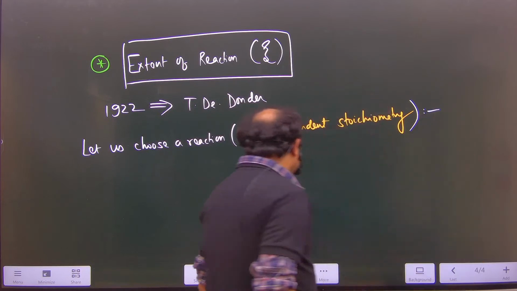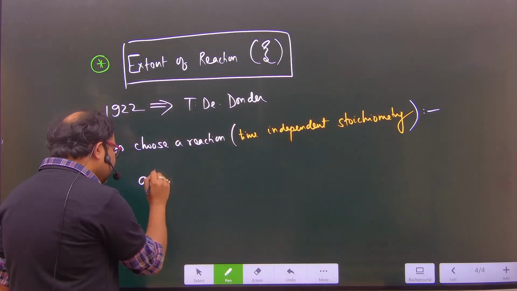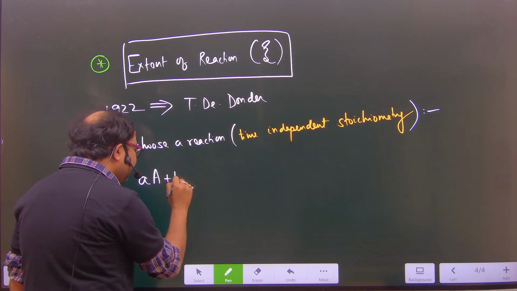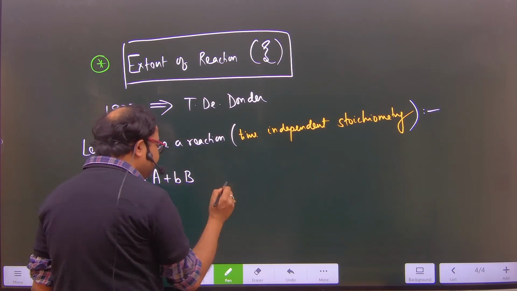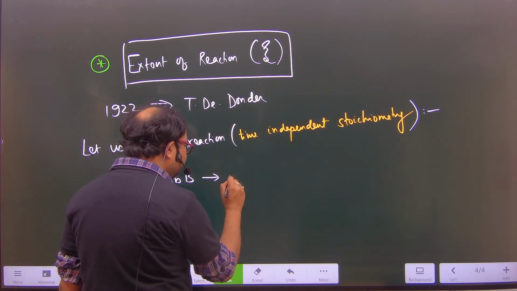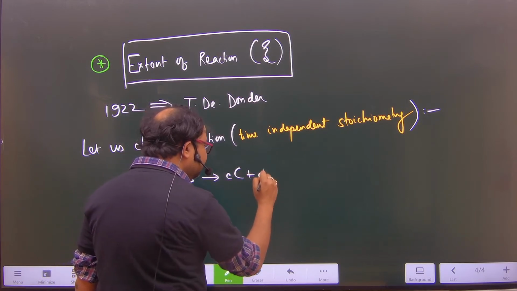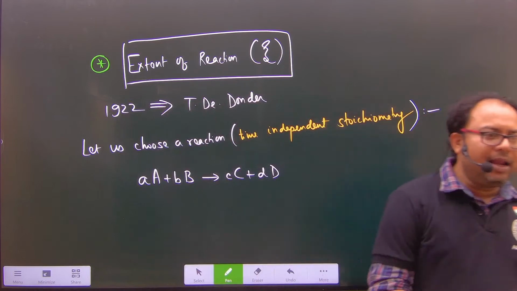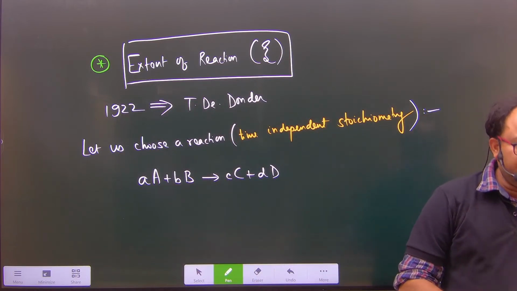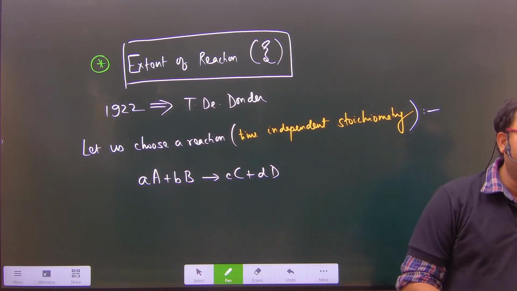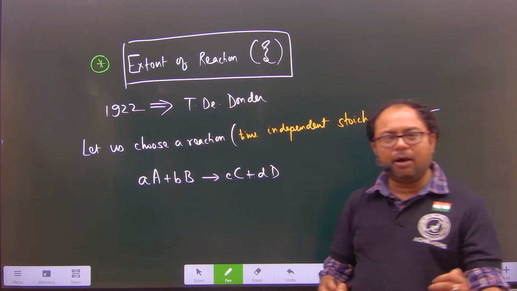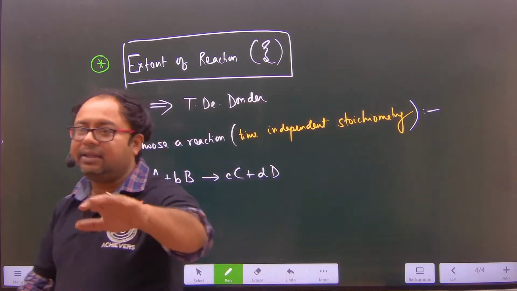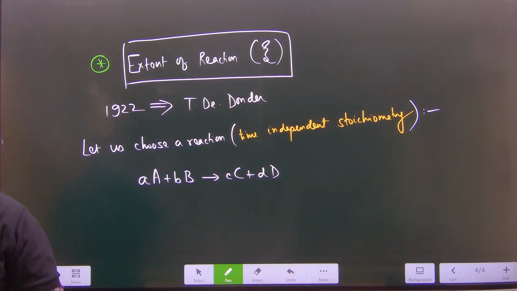And let this reaction be aA plus bB leading to cC plus dD. The small letters correspond to stoichiometry and the capital letters correspond to the chemical components participating in that particular chemical reaction.